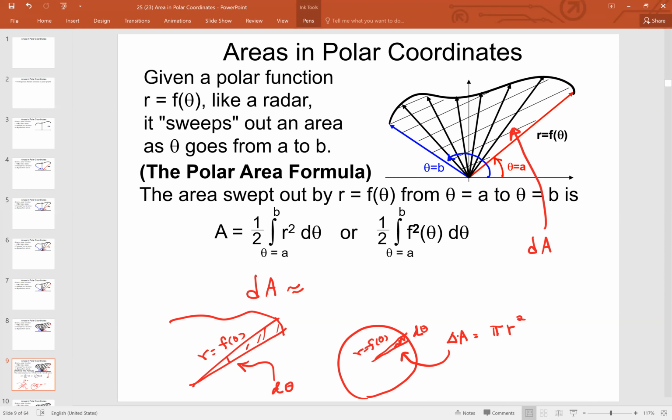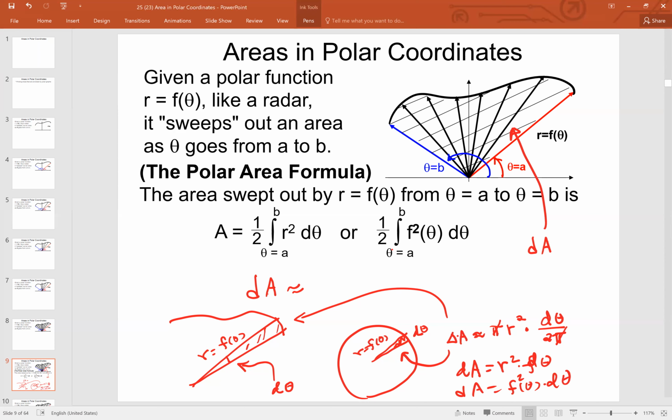That area delta A is going to be equal to pi r squared times the fraction of the angle, d theta over the entire circle, 2 pi. The pi and pi cancel out, and that gives us dA is approximately one half r squared d theta, or one half f of theta squared d theta.